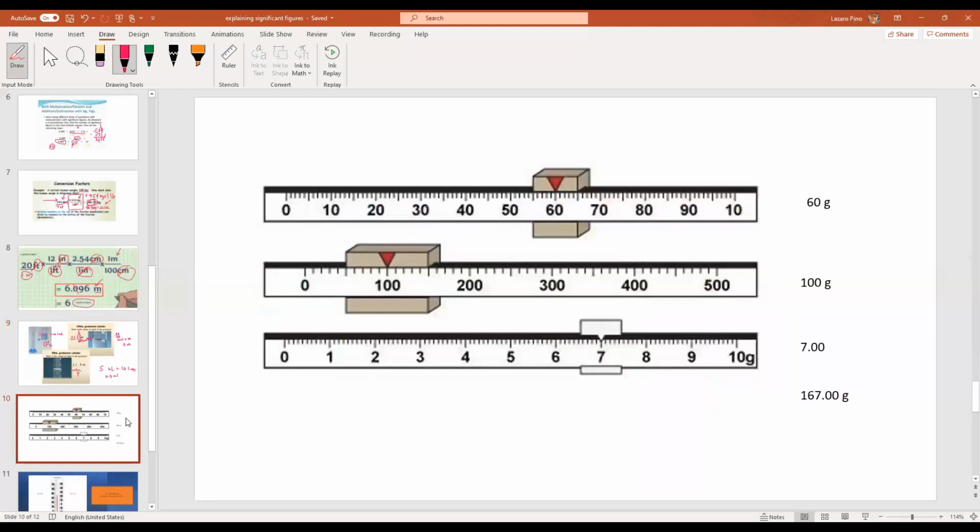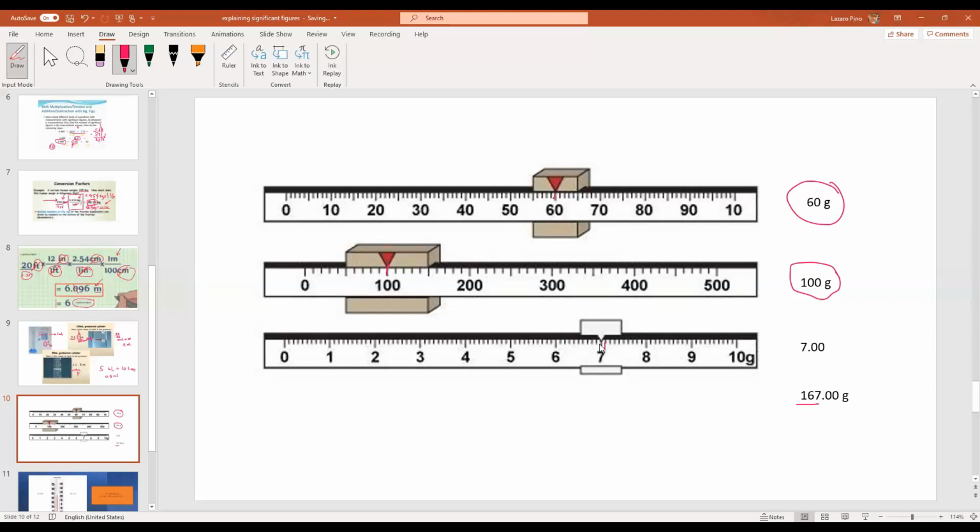What happens in a scale? Here you know that the mass is 100, and because of this, it is 60 grams. And then you come here and every number represents a gram. In this case it is 7 grams, and then you say for sure that it is 167 grams. But what happens if the scale were here?